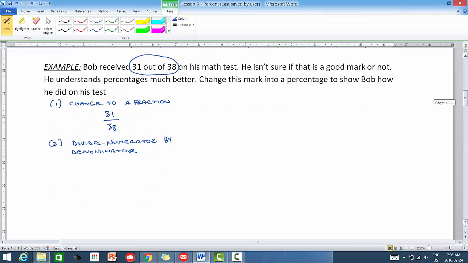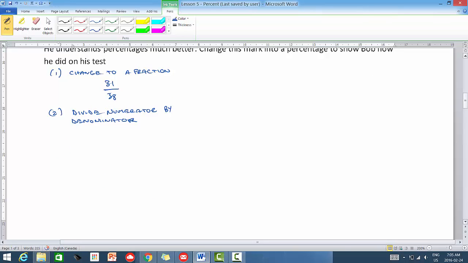And so when you divide numerator by denominator, 31 divided by 38, you end up with 0.8157894. Usually I'll just ask you to go to 2 decimal places, and maybe within the percentage, go to 3 decimal places so that in the percentage you have a whole number and 1 decimal place for percentages.